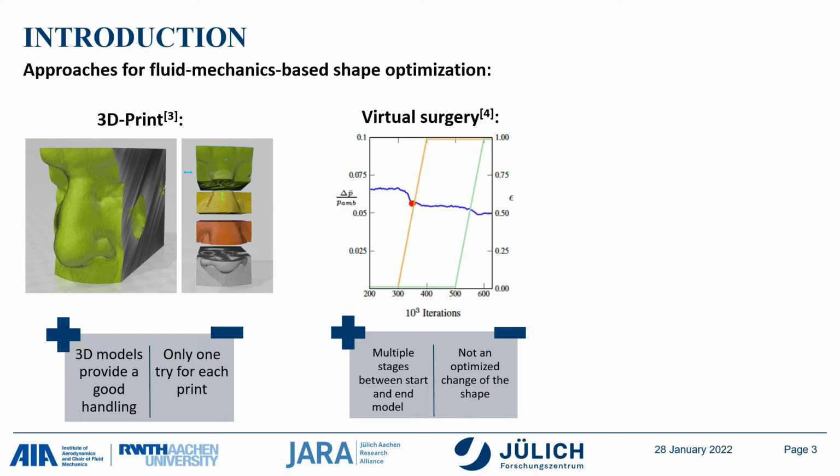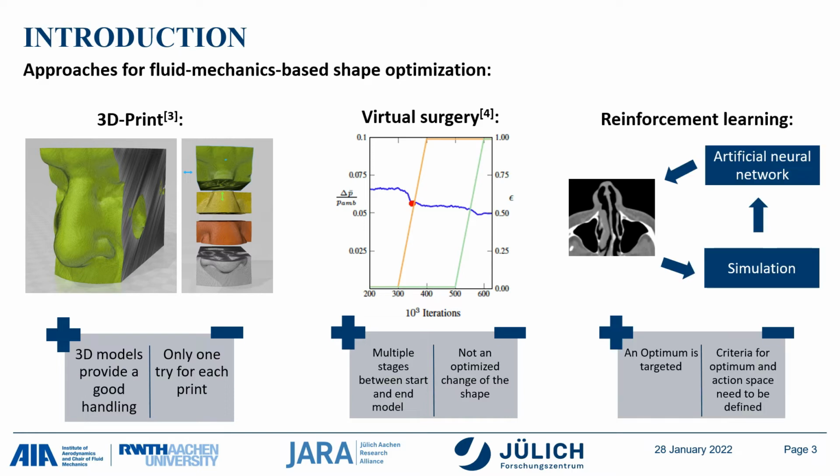Here, the beginning virtual model of the nose is obtained from an initial CT scan. The shape of the nose is modified virtually. The simulations are run for each modification and the pressure loss is compared with each other. In this approach, it is difficult to reach an optimal shape. Hence, another more robust technique is to utilize machine learning, especially reinforcement learning.